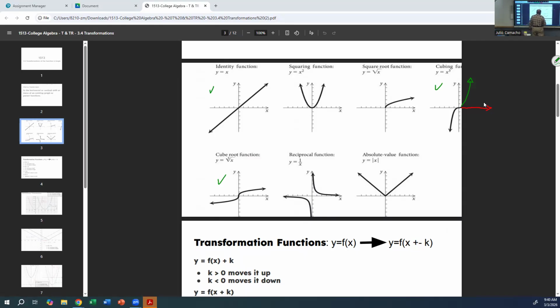All the odd functions, x to the 1, x to the 3, or the square root, the cubic root of x, all the lines go through the origin. You can see that. All the lines go through the origin.